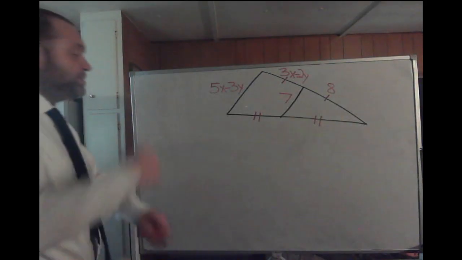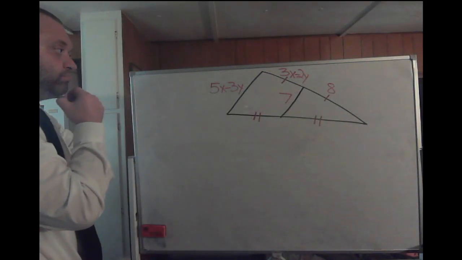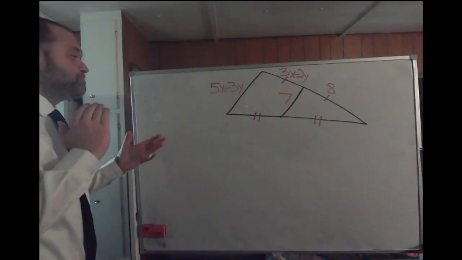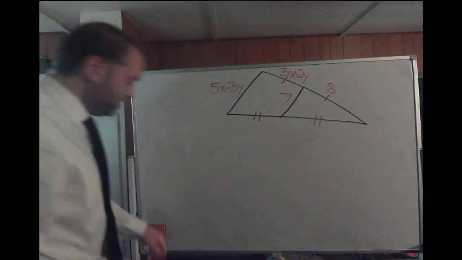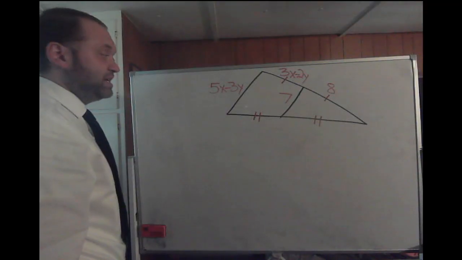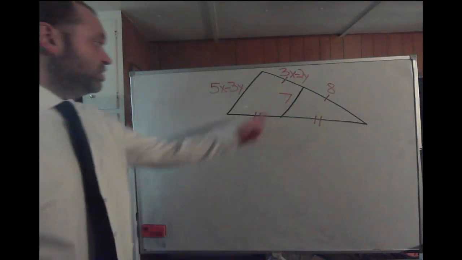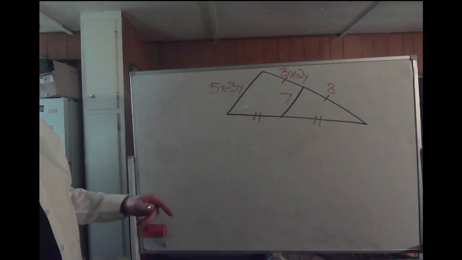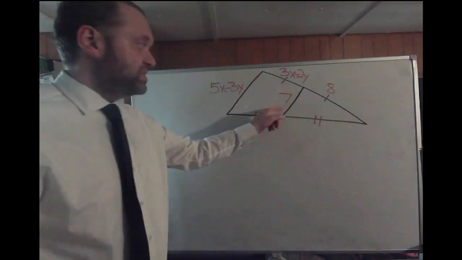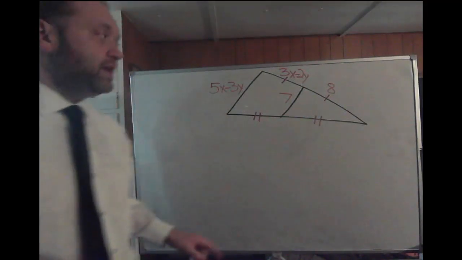Alright, so we're going to have some fun here for a second. It doesn't really matter which order we start in, to be honest with you, because we're going to get a system of equations. Let's start with the 7 and 5x minus 3y. We have established that the segment that has a length of 7 joins the midpoints of both of these sides, right?